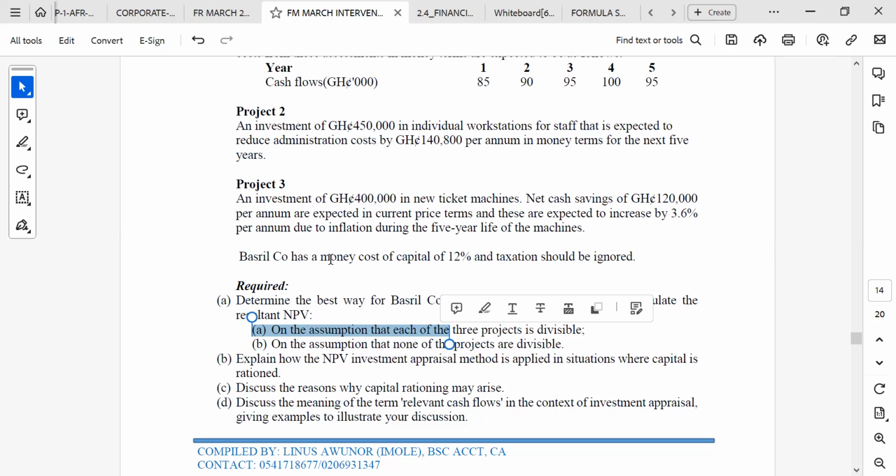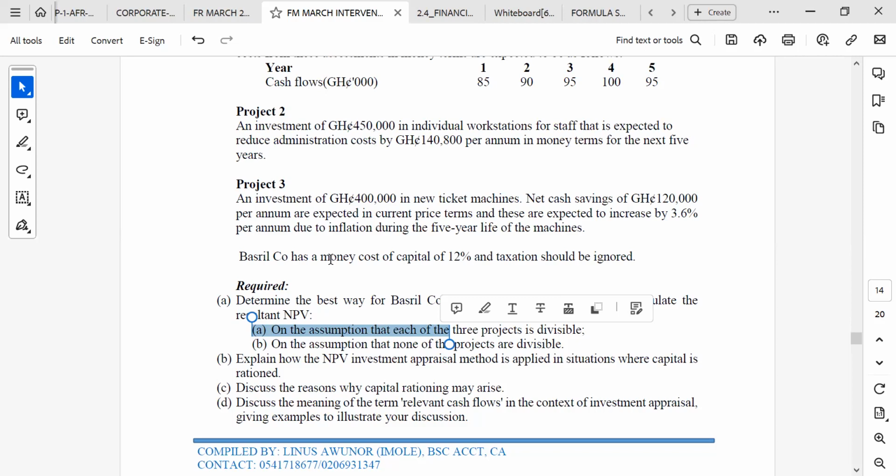So the government places a borrowing limit, bank overdraft limit or loan limit, and if your investment is more than that amount, you can't get the funds.